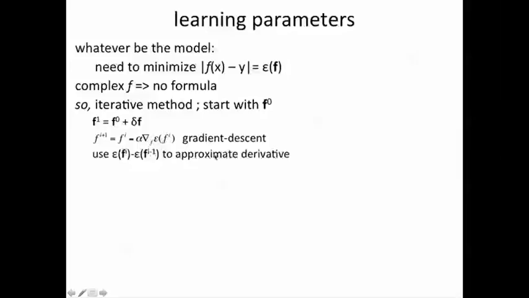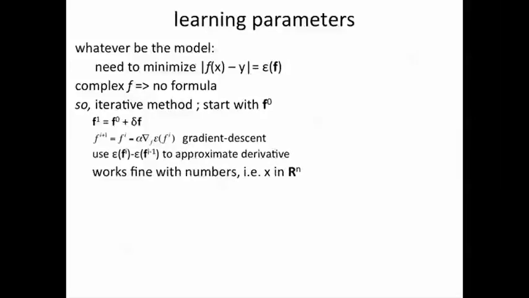Now this is a very popular and very simple method. You can have more complicated ways of finding the minimum value of epsilon by using Newton's iteration, where you use second derivatives in addition to first derivatives, and various different techniques in the mathematics literature are available to you.